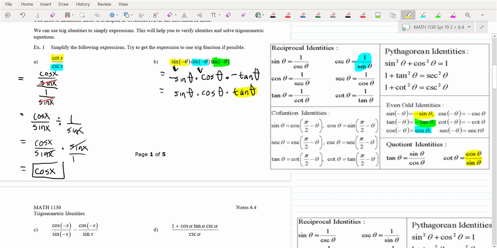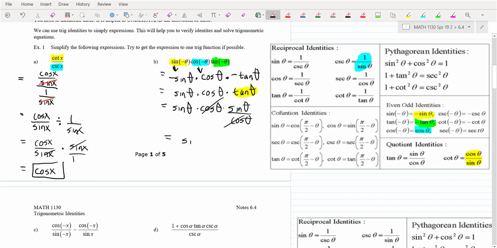As a useful identity, you only have a couple of choices. You could do 1 over cotangent theta, or you could do sine theta over cosine theta. That's the one you want to go with. So you would have sine theta times cosine theta times sine theta over cosine theta, and that cancels out the cosine theta. So now you get sine times sine, which is sine squared theta.